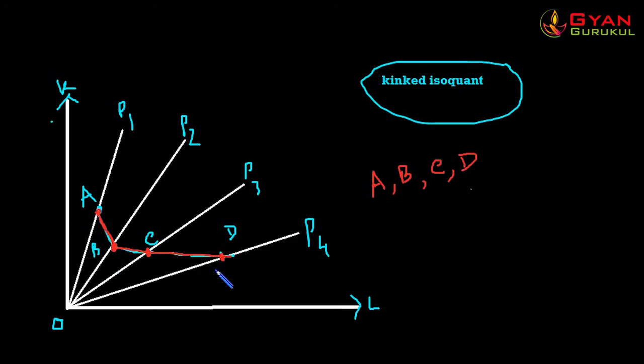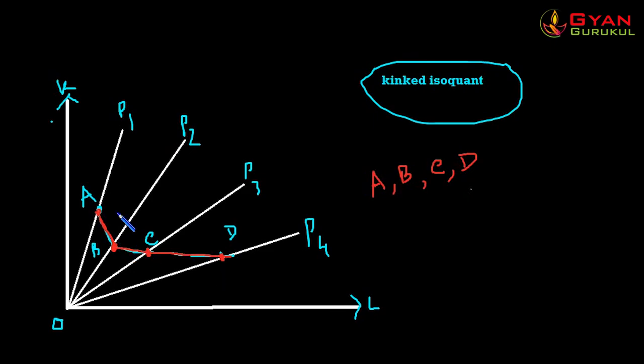He can produce at any point between A and B. It is not that he cannot produce, but the output he receives would not be identical to that at A, B, C and D.